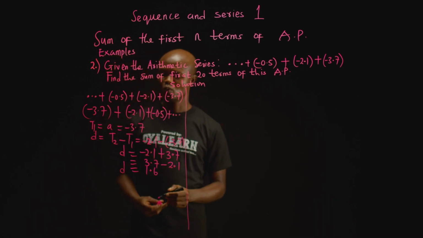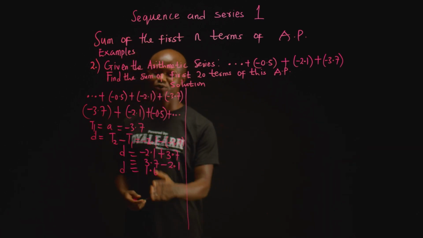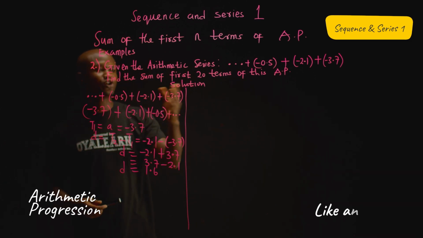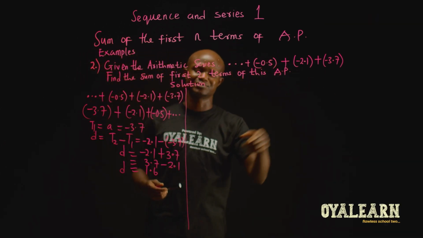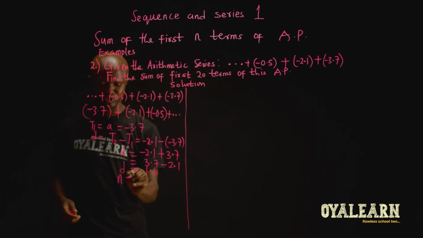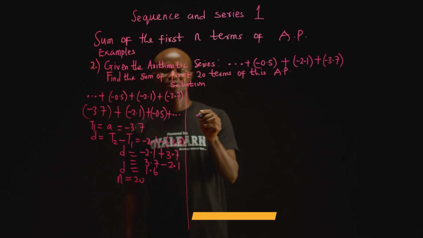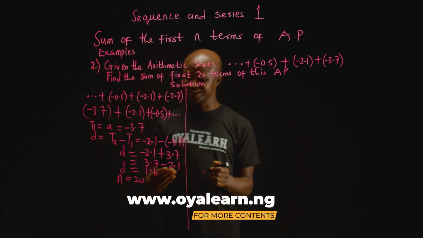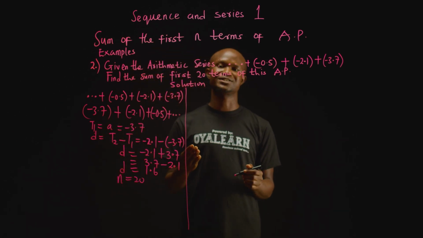Now, since we know the value of A and we know the value of D, and from the question we're given the number of terms, because it says find the sum of the first 20 terms, meaning N equals 20, we can now apply the formula. We know N is 20, D is 1.6 and A is minus 3.7.